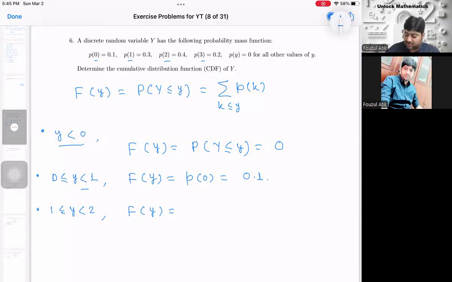So what are the values possible in this case? It is p of 0 and p of 1. You take only up to 1, because there is no other value, and 2 is not included. So p of 0 plus p of 1. What is this value? It is 0.1 plus 0.3, which gives you 0.4.